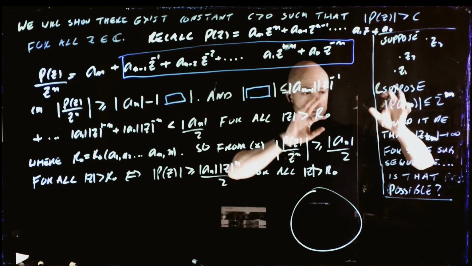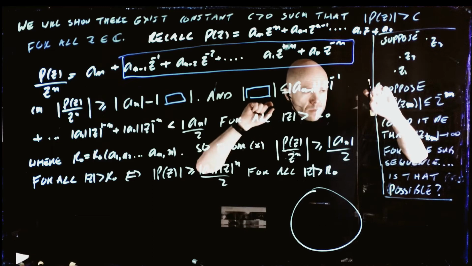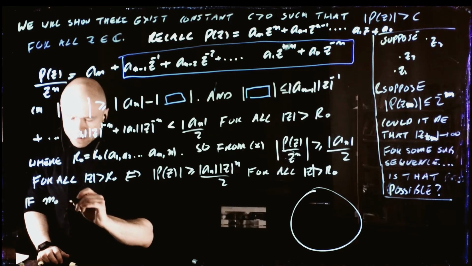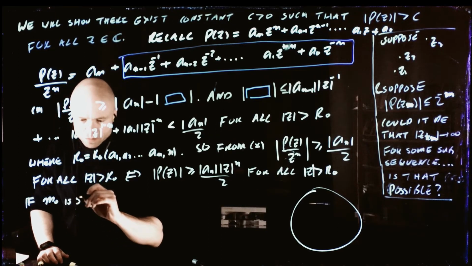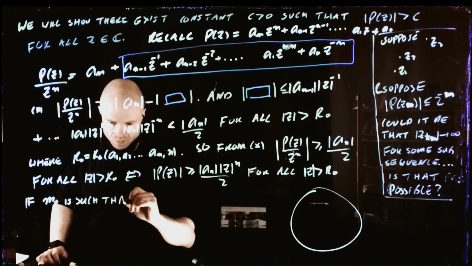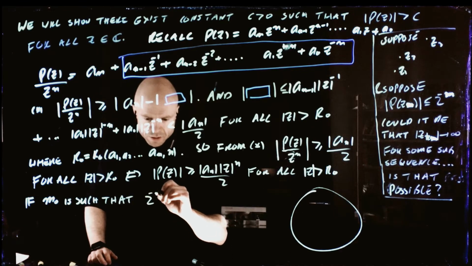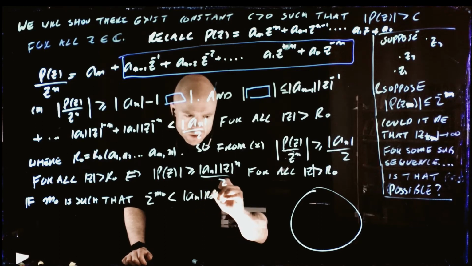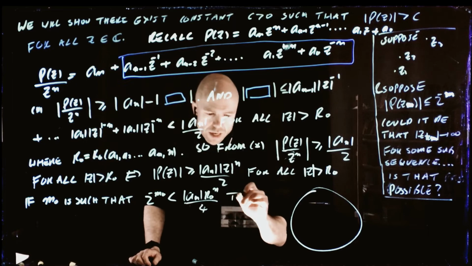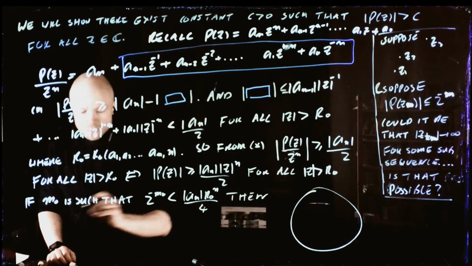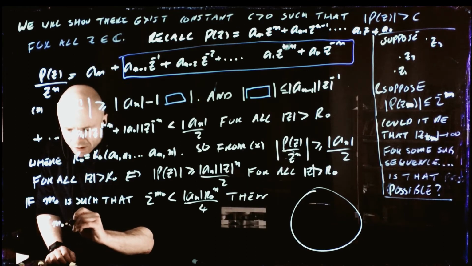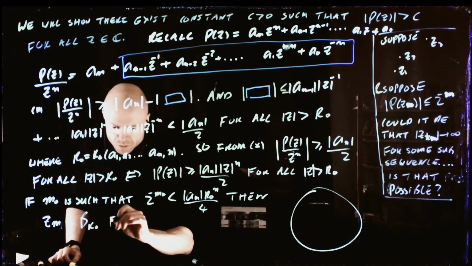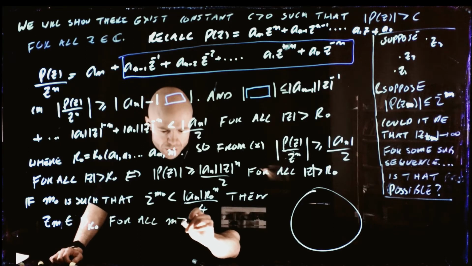So let's write this formally. If m0 is such that 2 to the minus m0 is less than |a_n| R0^n over 4, then we must have that z_m belongs to the ball of radius R0 for all m bigger than or equal to m0.